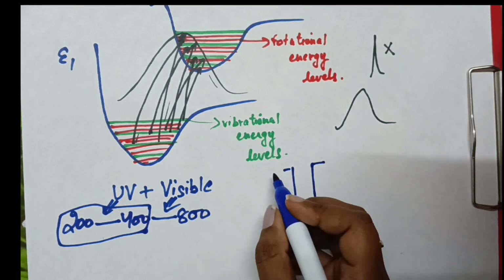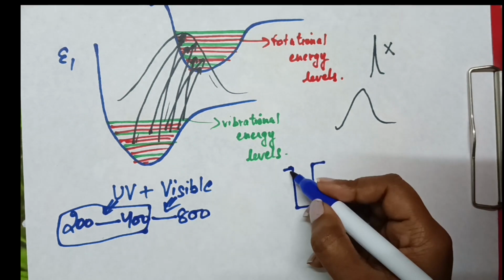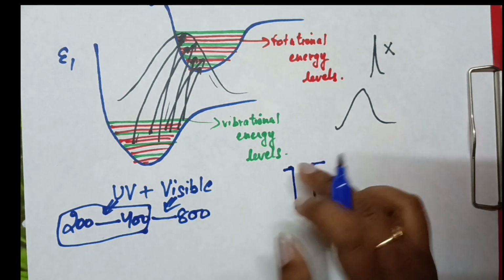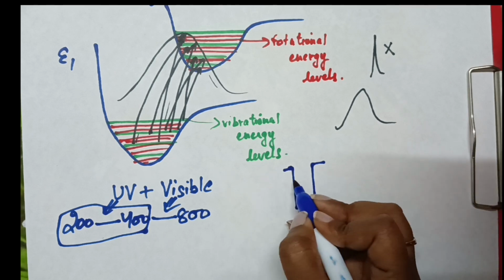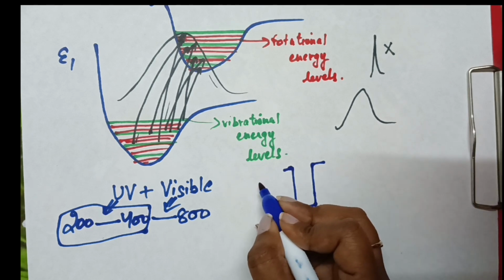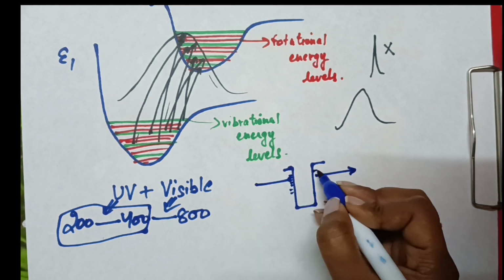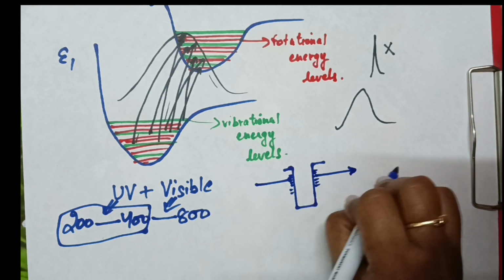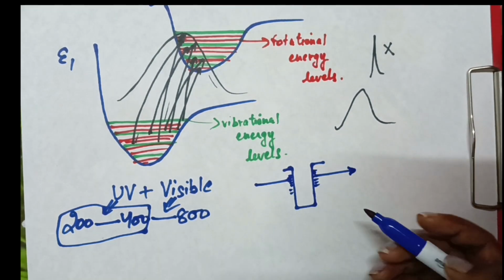We insert the cuvette inside the UV spectrophotometer, and two of its sides are completely transparent, two are slightly translucent. The transparent sides, from here to here, are the sides from where the light will pass, and the front and the back will be slightly translucent.